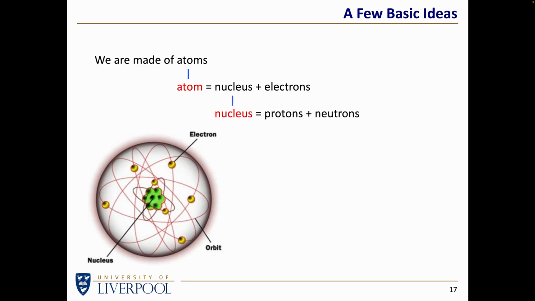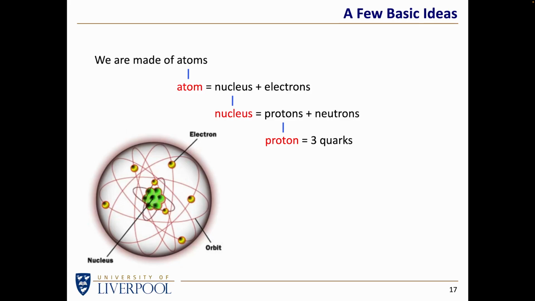And experiments over the last few decades, the last 100 years or so, have told us that protons and neutrons are also made up of other things. And we can take a proton and we determine that a proton is made of 3 fundamental particles, which go by the weird name of quarks. We're not going to turn this into a physics lesson and say, well, what is a quark and what is its properties?